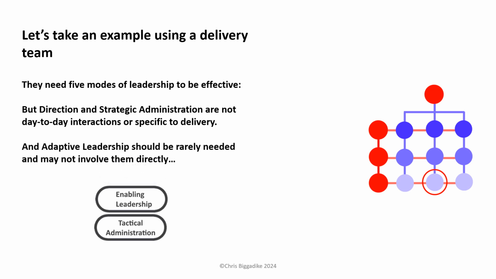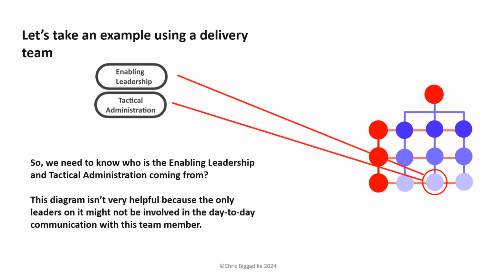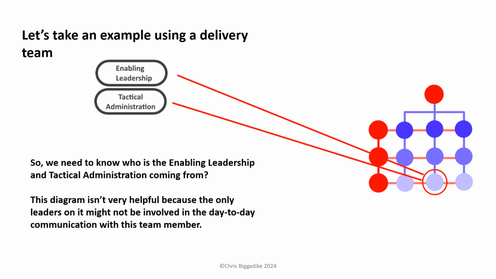Adaptive leadership should be rarely needed if things are going well. And anyway, it might not involve them directly. So that leaves 2 leadership modes, and we need to know who the enabling leadership and tactical administration are coming from.